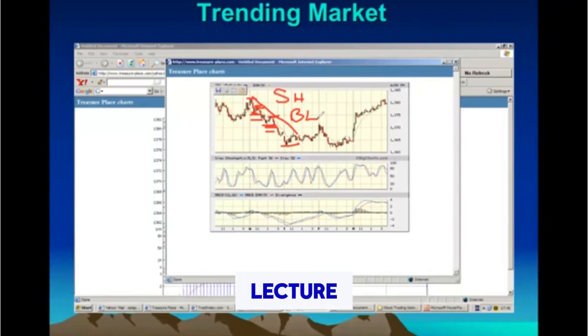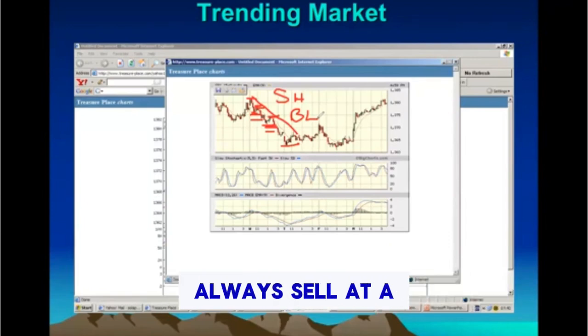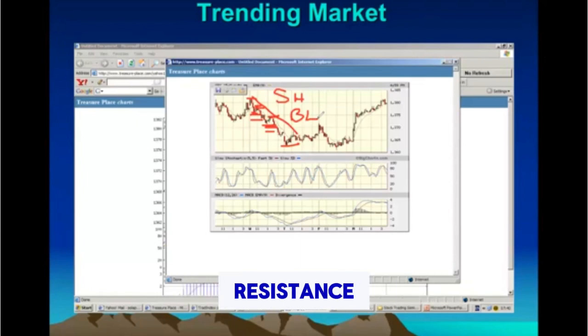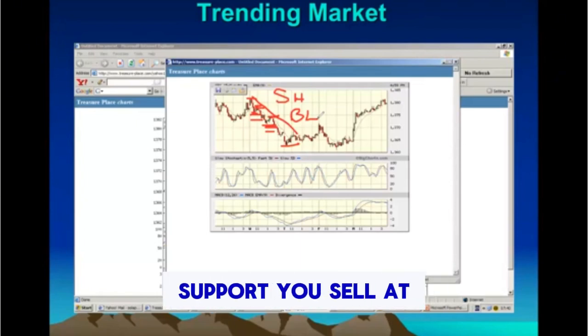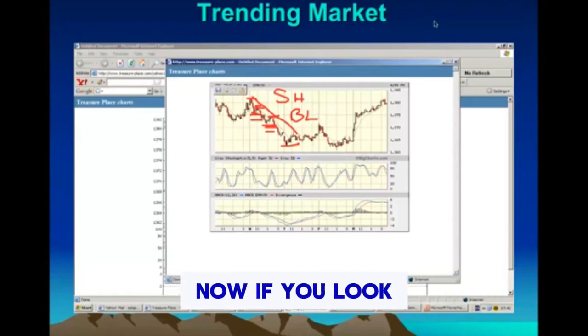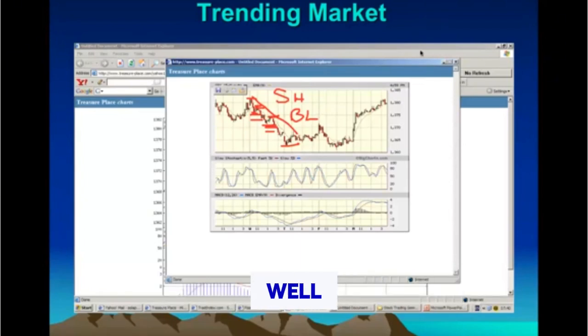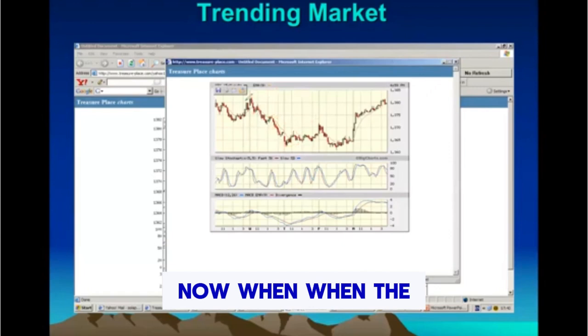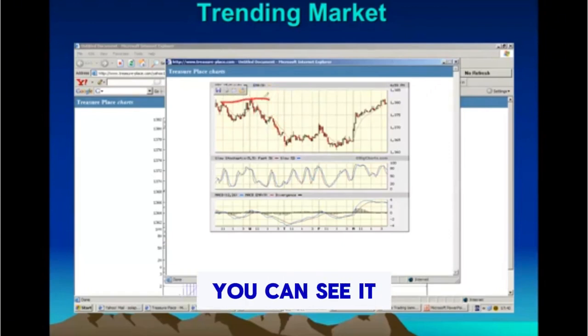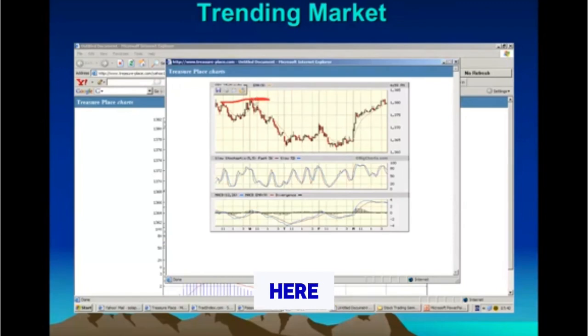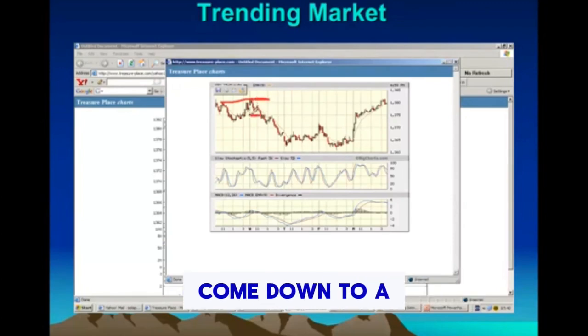Remember, in the last lecture, we said you should always sell at a resistance and buy at a support. If you look at this diagram very well, when the price got to this level, we can say this is a resistance. So if I sell here, I wait for it to come down to a support to buy.